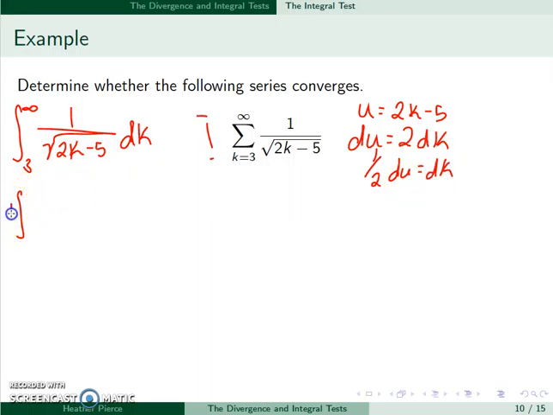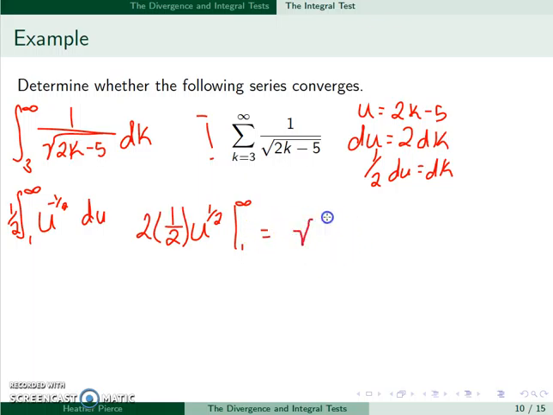So the top now becomes 1/2 du. My denominator is now just 1 over the square root of u, so u to the negative 1/2. If k is 3, then 6 minus 5 is 1, and infinity minus 5 is still infinity. So we'll add 1 to the exponent to get 1/2, and then dividing by 1/2 means we're going to multiply by 2 between 1 and infinity.